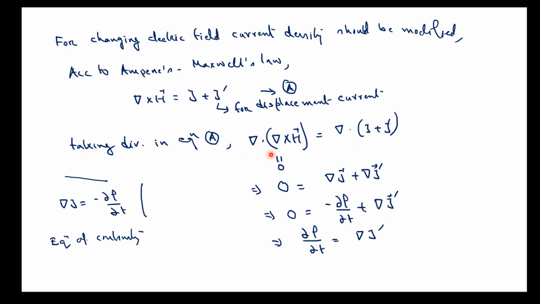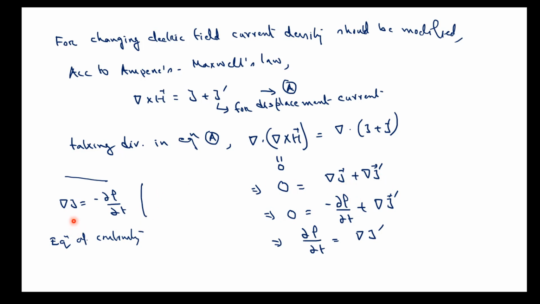This term is 0 because we know that the divergence of any curl is 0, and I think you can find it from your mathematical physics chapter. So I can write this part as 0, and this is the same, it means del dot J plus del dot J dash equal to 0. So from the equation of continuity, what do we get?